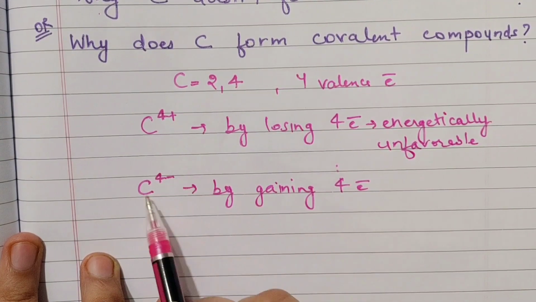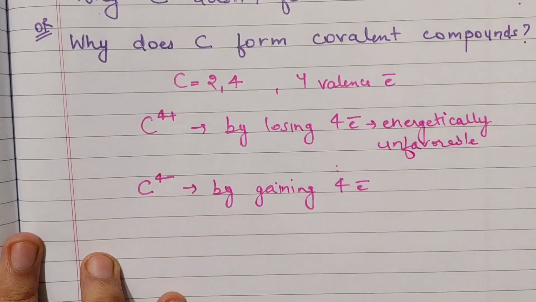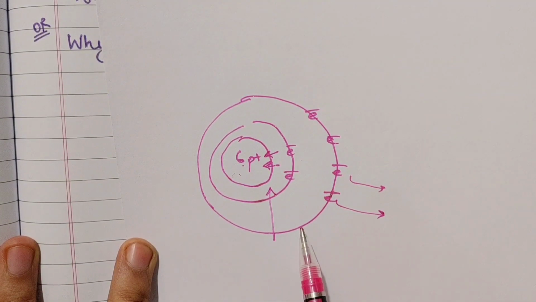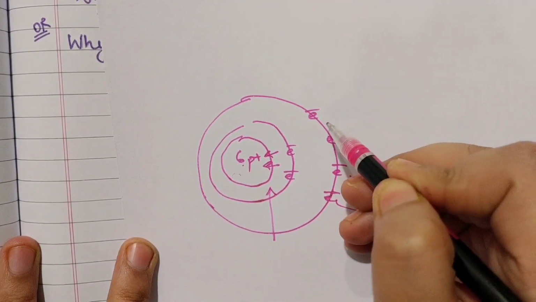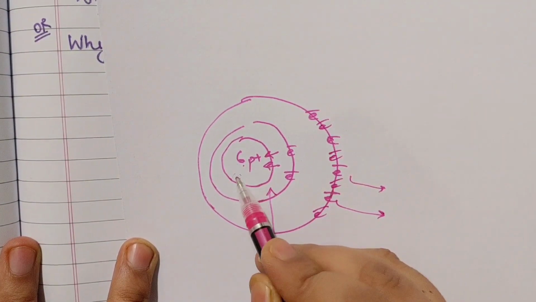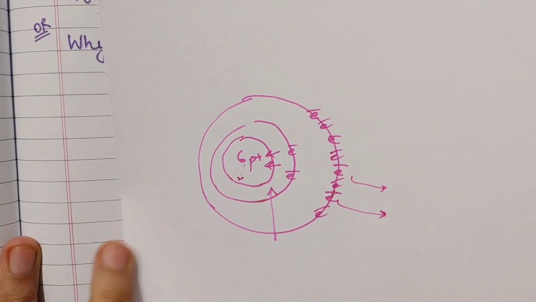Now, why can't carbon then gain 4 electrons? Because gaining 4 electrons is also not easy. See, 6 protons are holding 6 electrons, right? If you add 4 more electrons in the picture, it's going to be very difficult for the 6 protons to hold now 10 electrons. Okay, so that is also very, very unlikely.